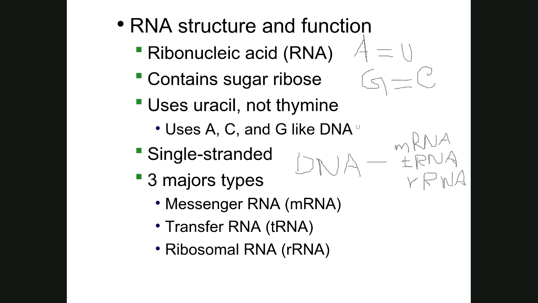When the scientists know the structure of DNA, then from there they start to produce these 3 types of RNA. The messenger RNA, tRNA and rRNA. Why? Because these three types of RNA help to make a protein. Okay, now what is the function of each of these RNA?